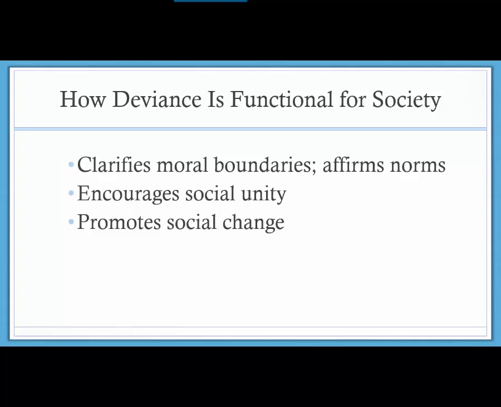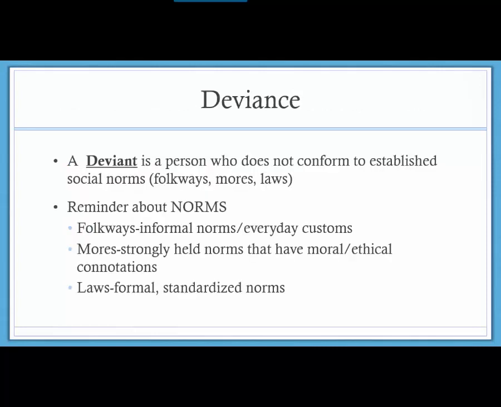So a little bit of deviance is to be expected in society. We'll talk in the next presentation about our concerns when a little bit of deviance becomes too much deviance, because Durkheim had a specific term for that I would like for you to know.